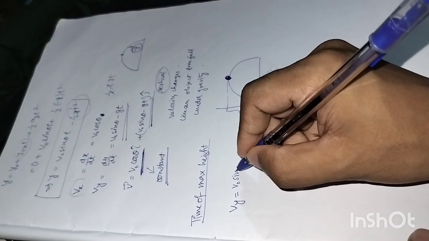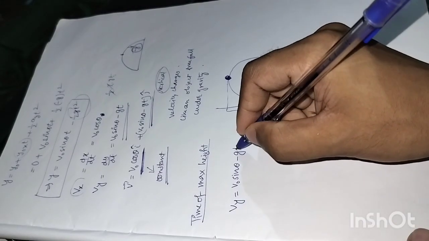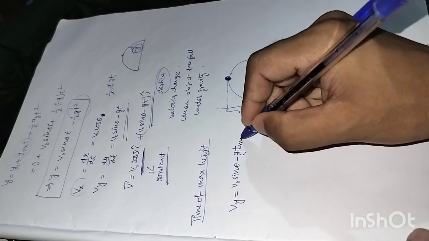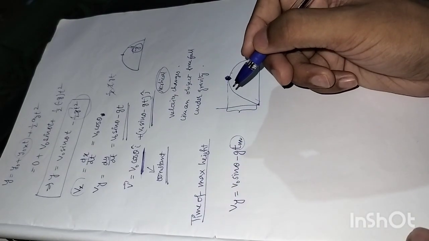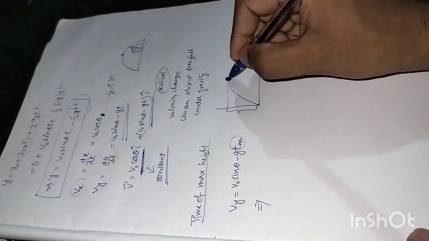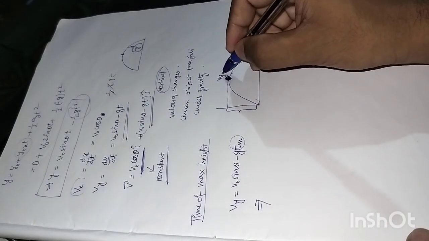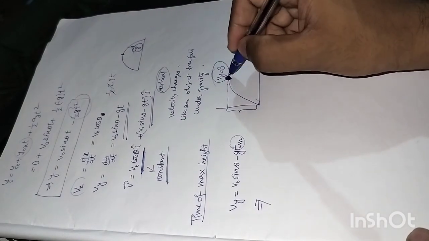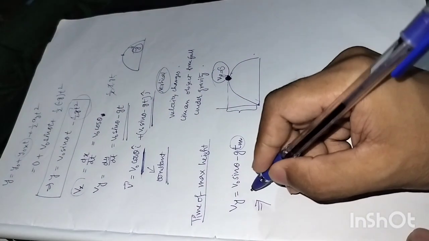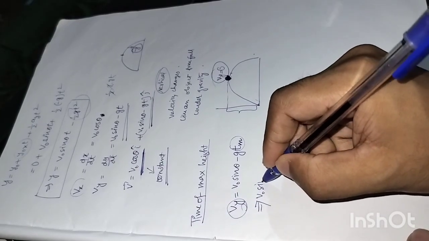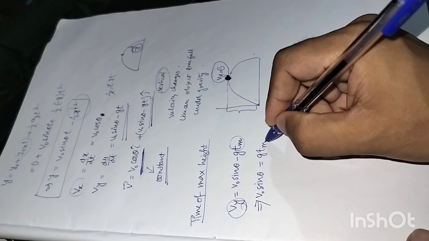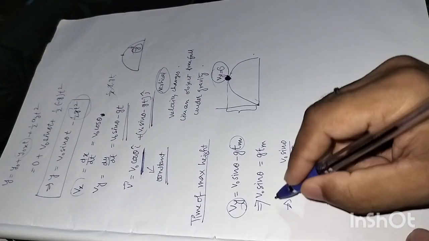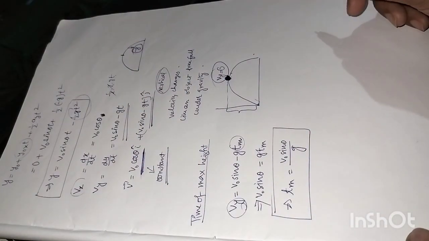So what we have? v naught sin theta minus g t. Consider that to reach this position your time is t_m. At this position your velocity will be 0, after that gravity will start acting. So v naught sin theta is equal to g t_m. Simply t_m is equal to v naught sin theta by g. This is your time of maximum height.